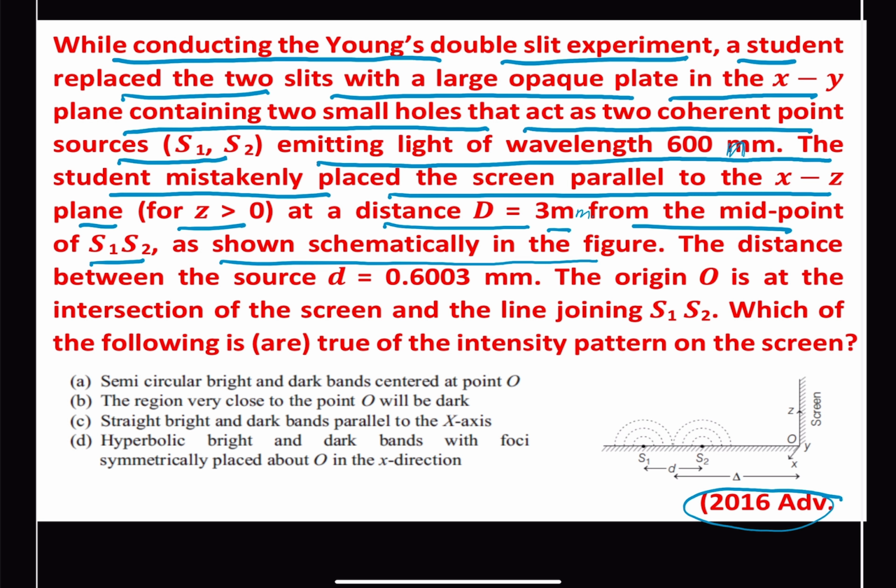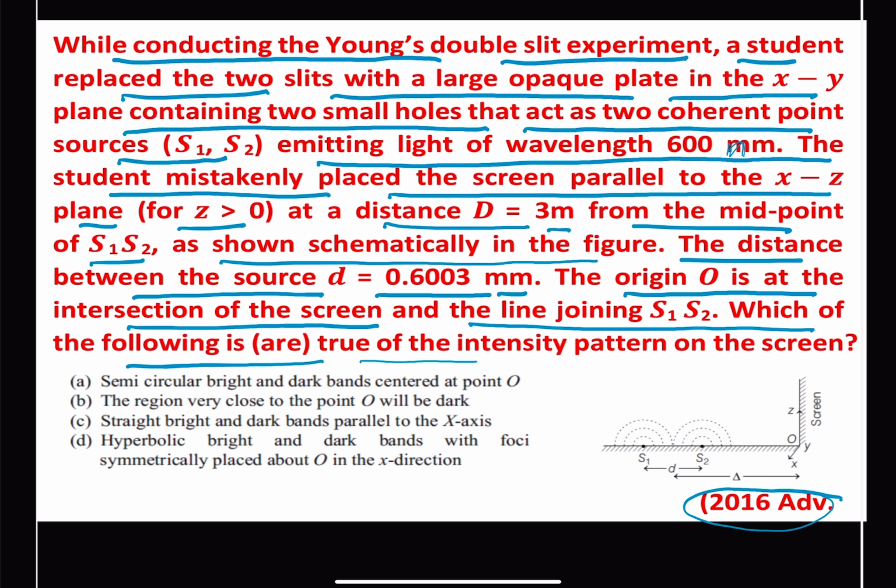The distance between the sources d is 0.6003 millimeter. The origin O is at the intersection of the screen and the line joining S1 and S2. Which of the following is or are true for the intensity pattern on the screen?